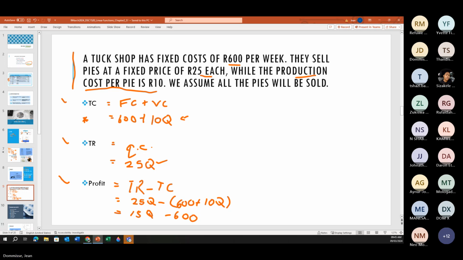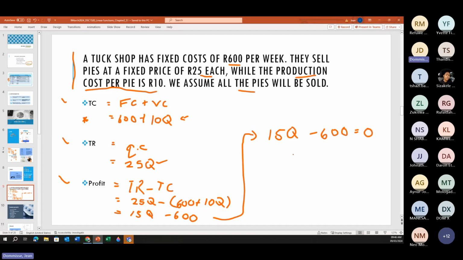So what they then could say for this is, okay, so how many pies do you need to sell to just make no profit? So we know to make no profit, and they say all these pies will be sold.